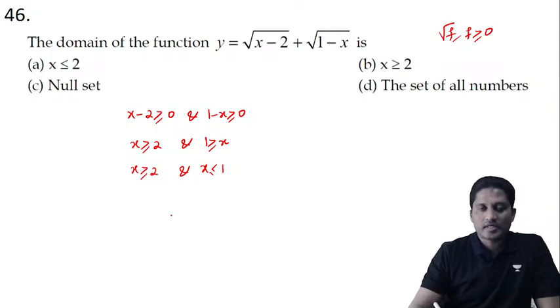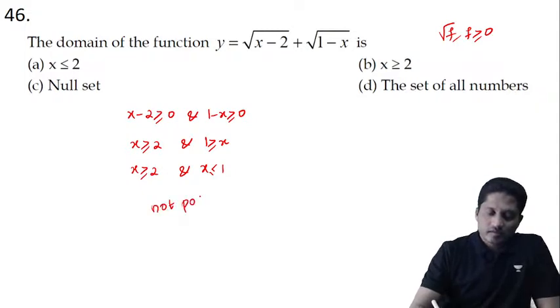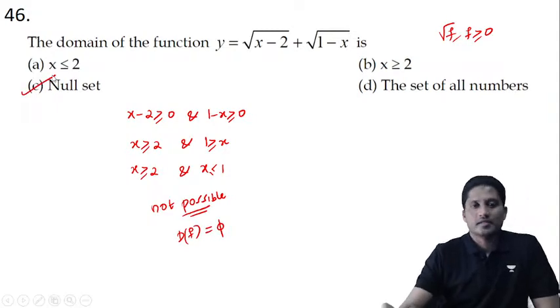Okay, this is not possible, guys. You cannot get a number which is more than 2 and less than 1. This is not possible. Now domain of f is a null set. Answer is option C.